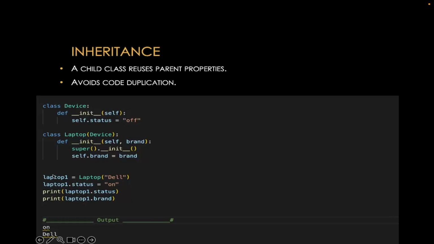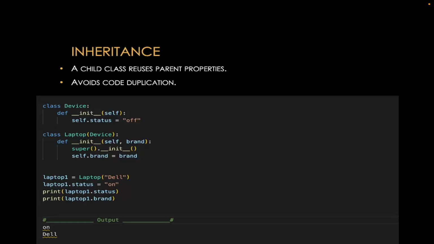Let's say we create an object of laptop, and then we can print both status and brand because both variables are available there. When there is one parent and one child, it is called single level inheritance or single inheritance.